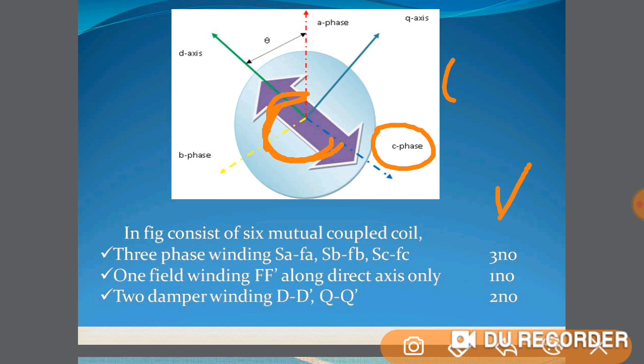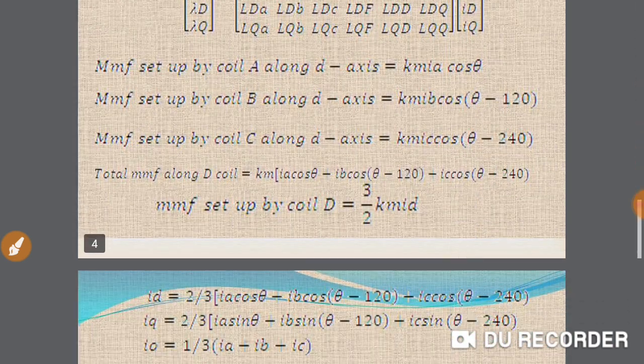So that is why we are now taking the theta angle as theta minus 240 for C phase. Hope it is clear now.